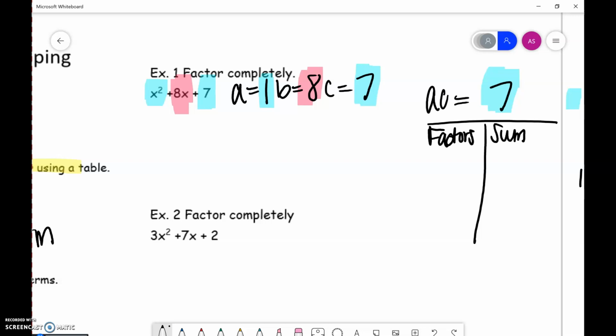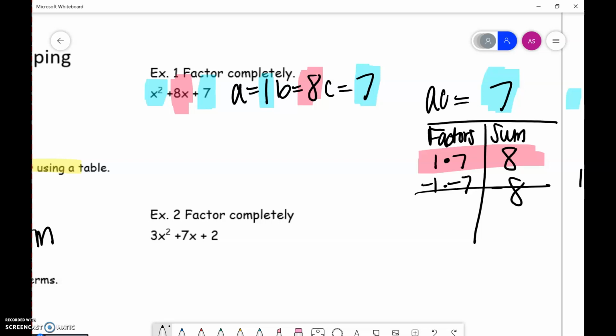So I'm going to have my factors of 7. I have 1 times 7, and I have -1 times -7. Of course, I really don't need to consider the negatives here because everything is positive. So 1 plus 7 will be 8, and -1 plus -7 will be -8. So I need the one with +8, which is here.